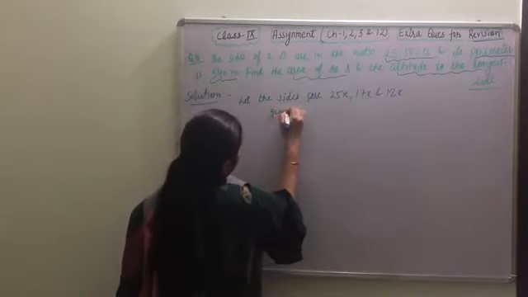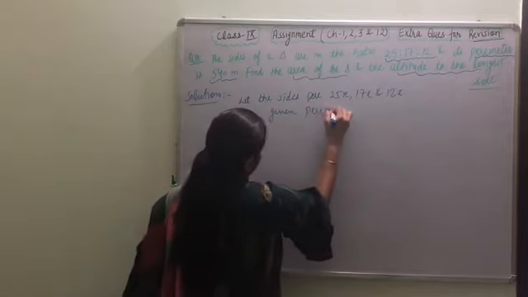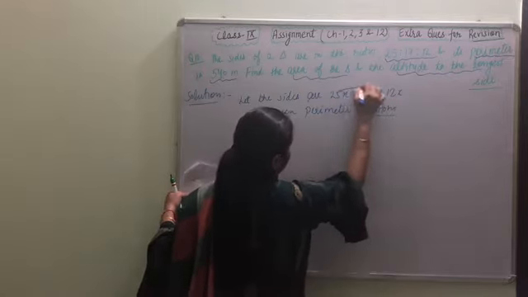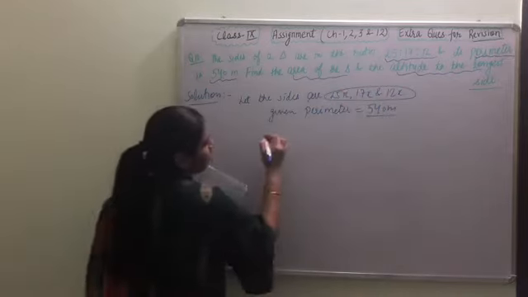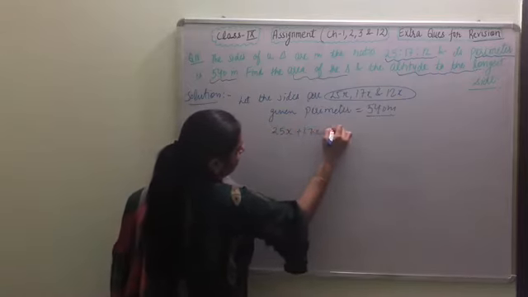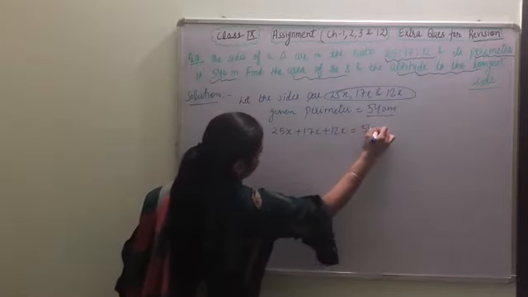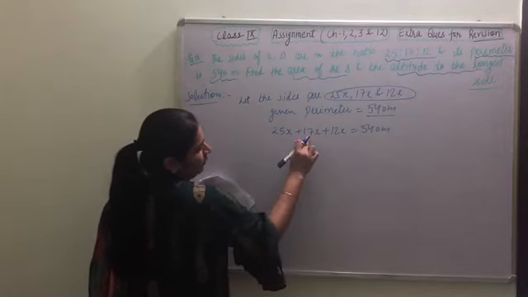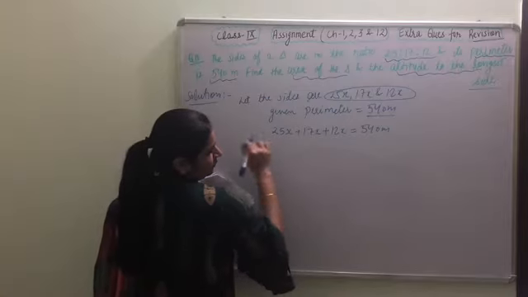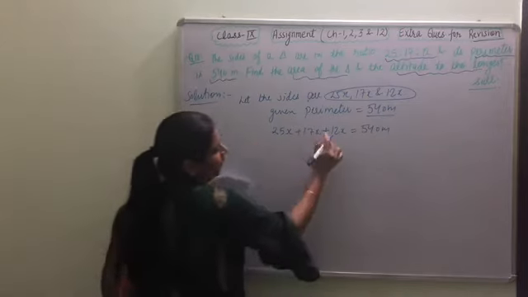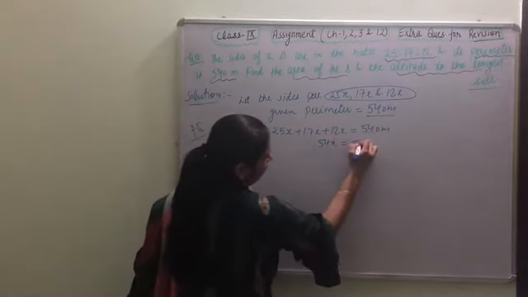Given perimeter is equal to 540 meter, and these three sides also give us the perimeter. So 25x plus 17x plus 12x is equal to 540 meter. 25 and 17 give us 42, 42 and 12, 54. 54x is equal to 540 meter.